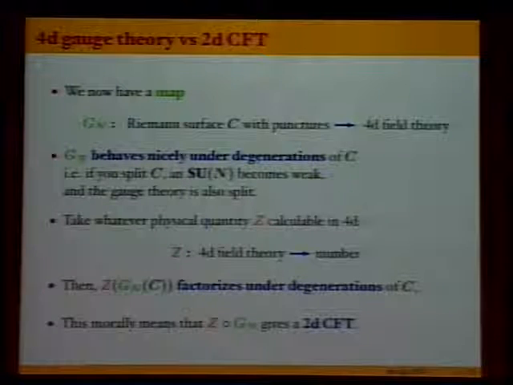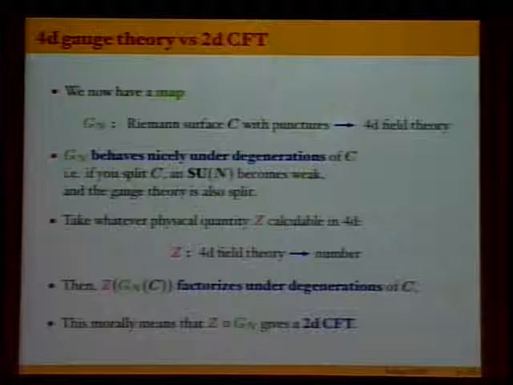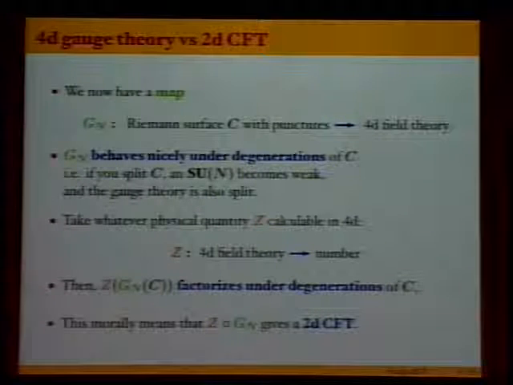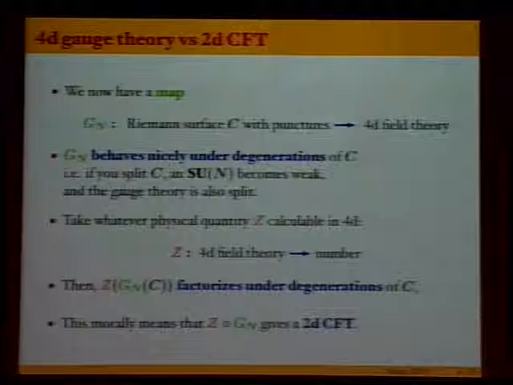So thanks to this construction by Davide, we now have a map or a functor or whatever. I don't know what the precise mathematical name for this is, because it's a very strange thing, which assigns to a given Riemann surface with a set of punctures a four-dimensional field theory, right?